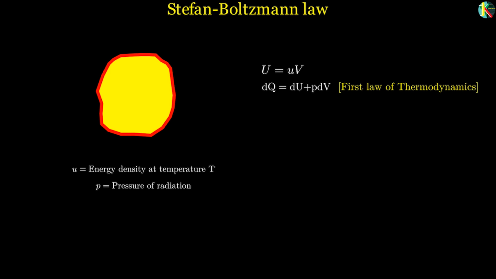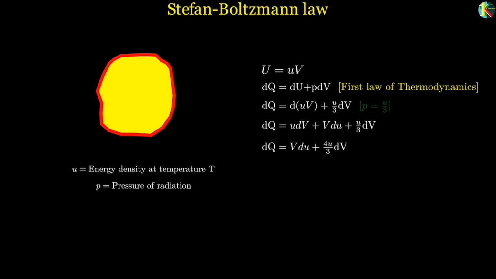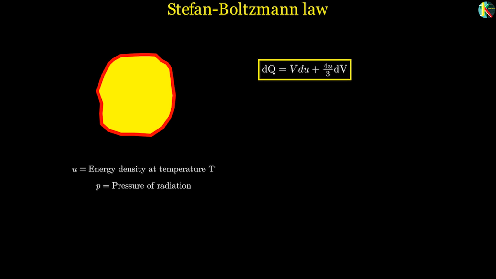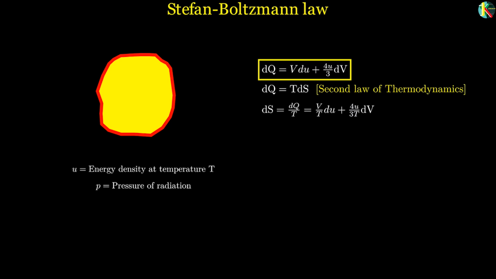From the first law of thermodynamics, we know dQ equal to dU plus p dV. Simplifying and replacing the value of p by u by 3, we have this relation. Now, from the second law of thermodynamics, we have dQ equal to T dS, where S represents the entropy of the system. Replacing dQ in this equation, we have the differential relationship between entropy, energy density, and volume.